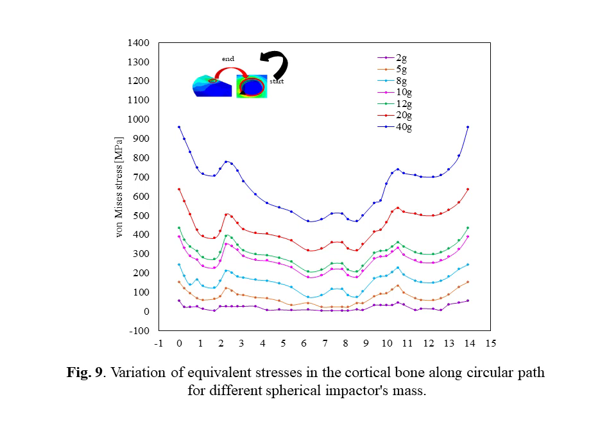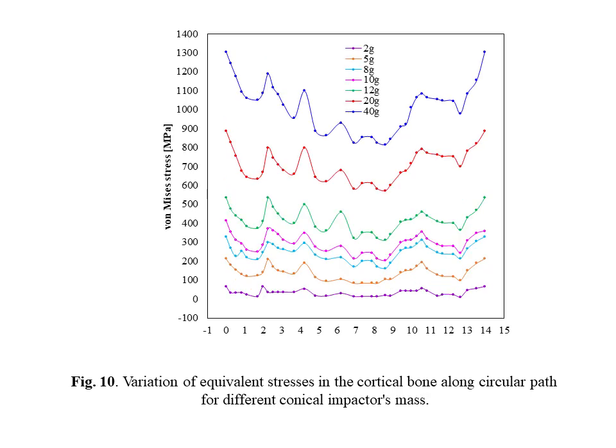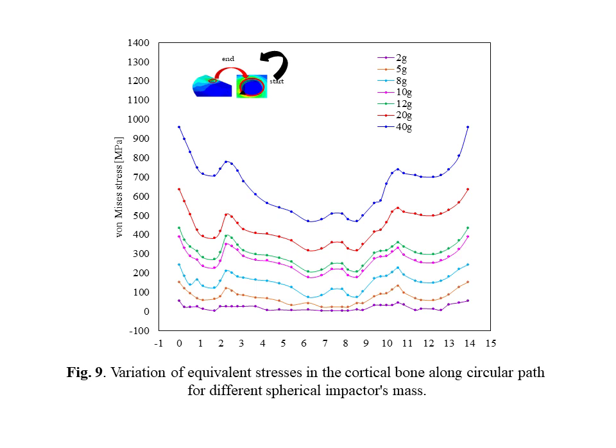It is noticed that stress transfer is performed from the implant to bone. The stress varies proportionally to the impactor mass. The conical impactor leads to an equivalent stress greater than that of the spherical impactor.